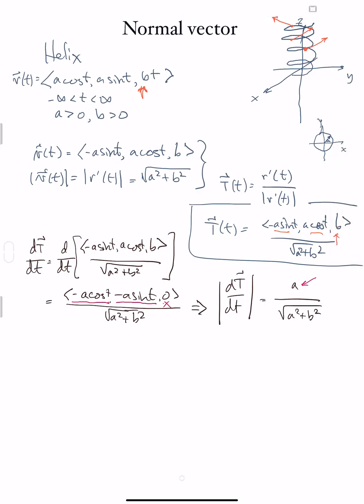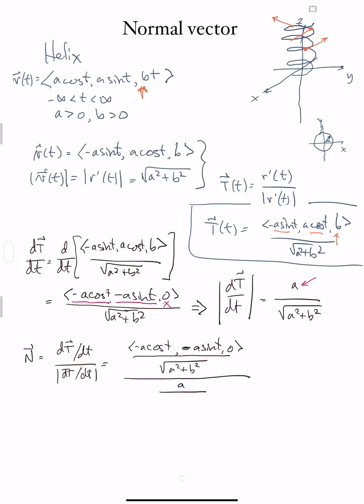And we do that by just putting the pieces together that we've already found, right? So I'm just going to put the definition down here one more time, dT over its magnitude. As a calculation it looks a little complicated, but that's minus a cosine t, minus a sine t, and 0 over the speed, and then in the denominator we'll have a similar thing, a over the speed.